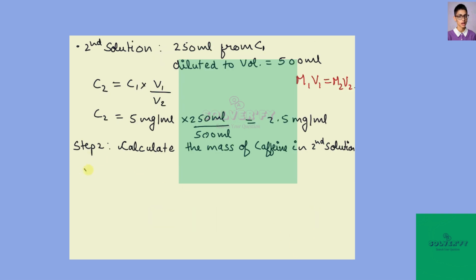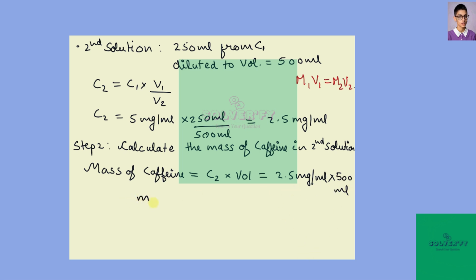Now we will calculate the mass of the caffeine in the final solution, which is equal to C2 multiplied by the volume. So the concentration is 2.5 mg per ml multiplied by the volume of the second solution, 500 ml.